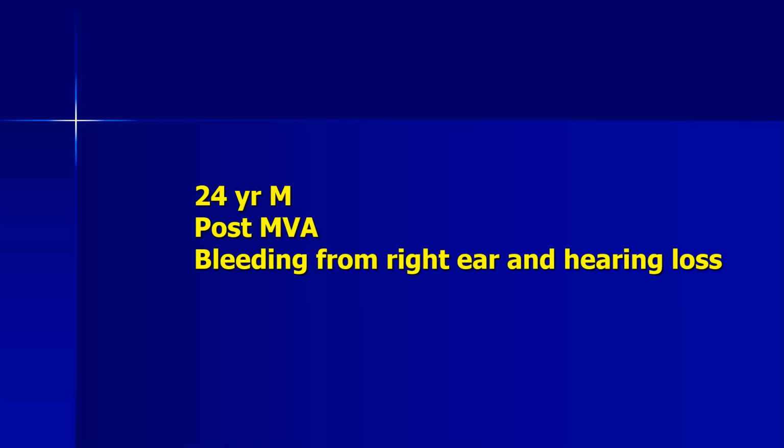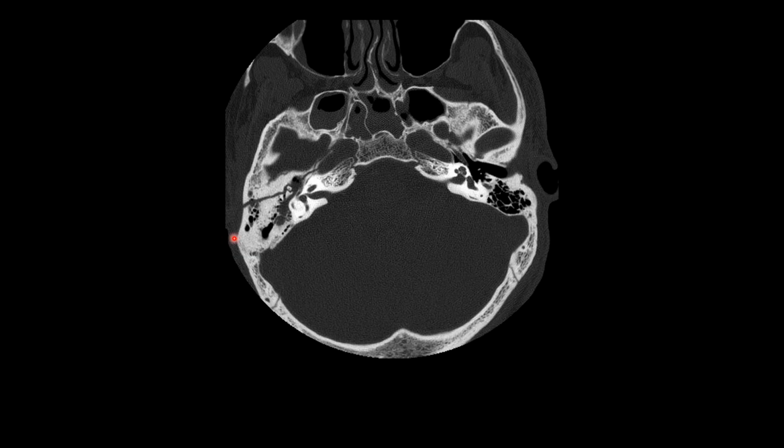Our next case is a 24-year-old male who presented after an MVA with history of bleeding from the right ear and some hearing loss. This is an axial CT image of this patient where we can see the acute fracture line that traverses parallel to the long axis of the petrous pyramid.